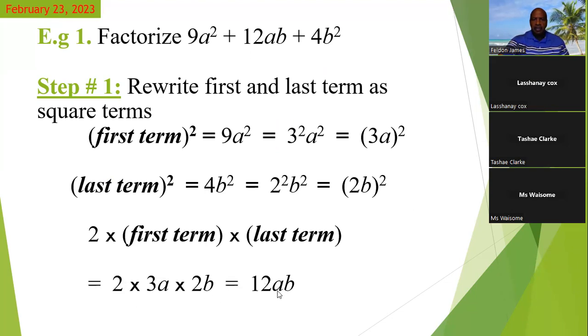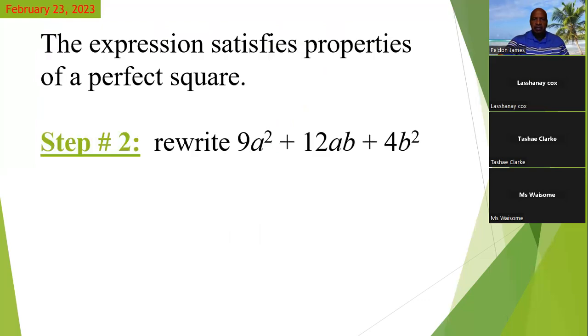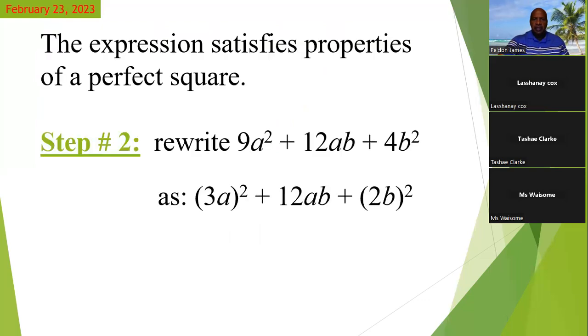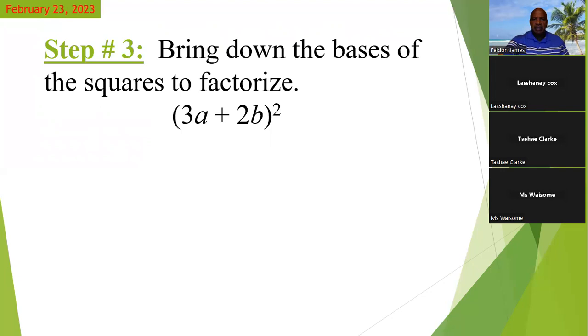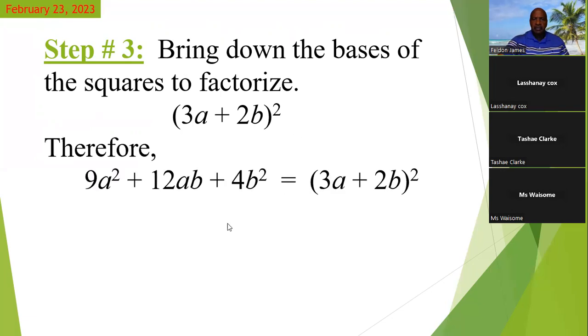If we get the middle term, that confirms that we have a perfect square. Next, we factorize by simply bringing down the bases in brackets, and then we put the sign of the middle term in between them and the 2 on the outside. So that's the process of how to quickly factorize these.